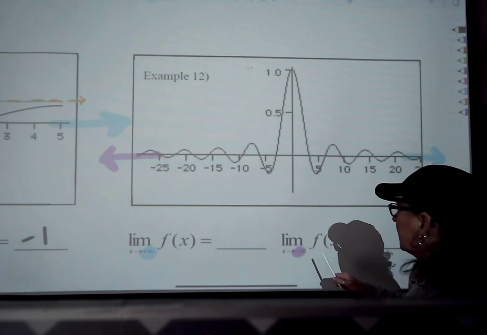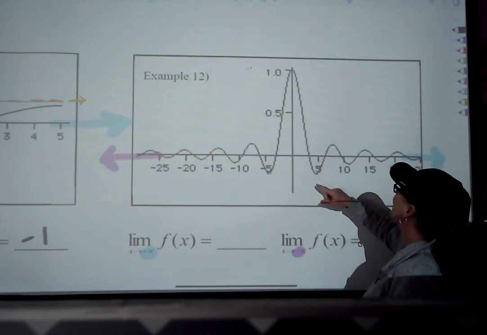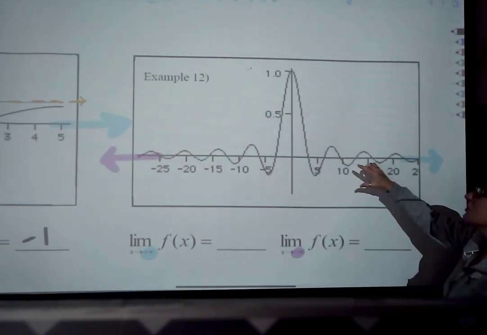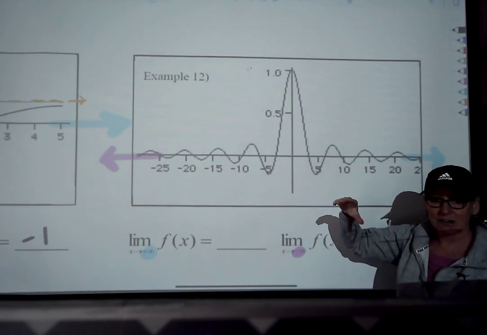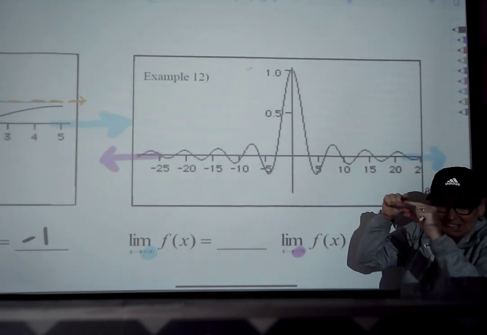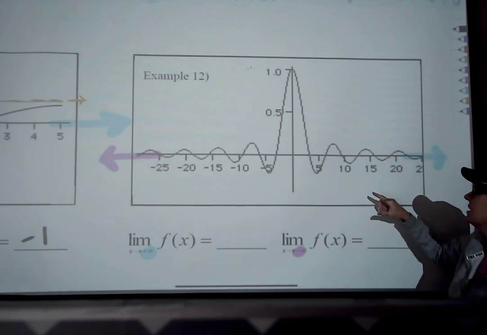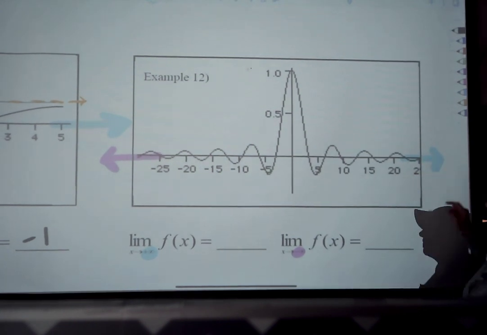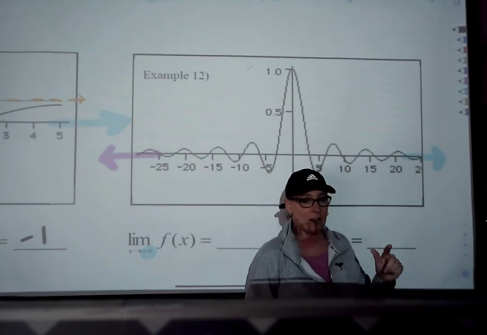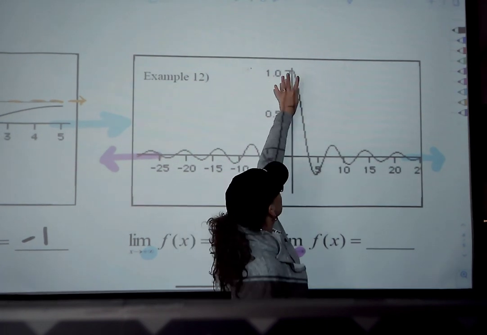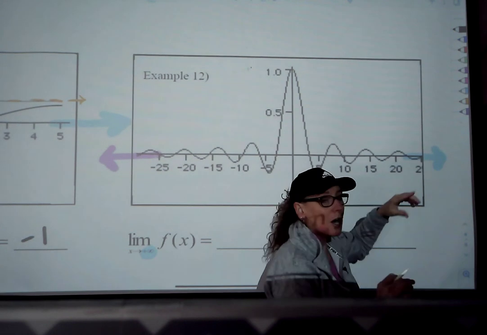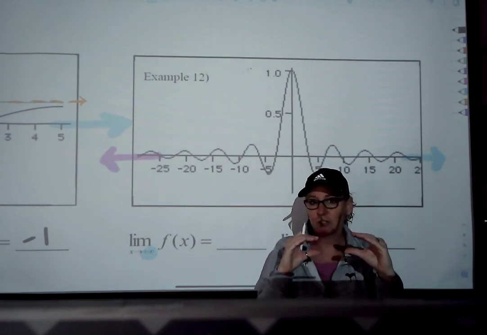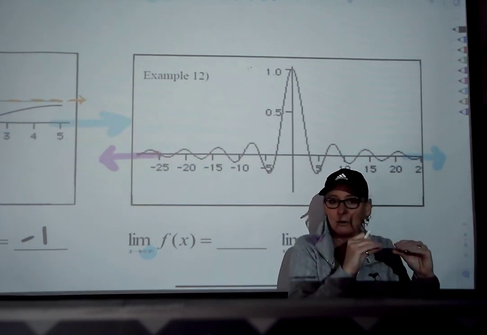Oh, last one. Positive infinity. So look way out here. Notice how my oscillations, my bounces, how the graph bounces, get smaller and smaller and teeny, tiny. So as I go way out here, do you think my y values, which used to be way up here and way down here, are getting closer to one specific value?